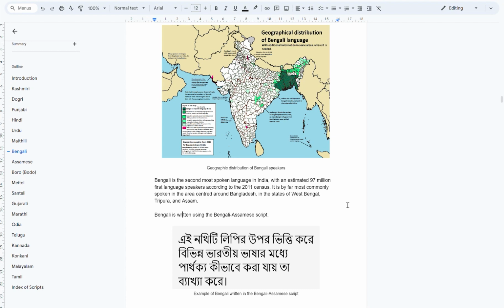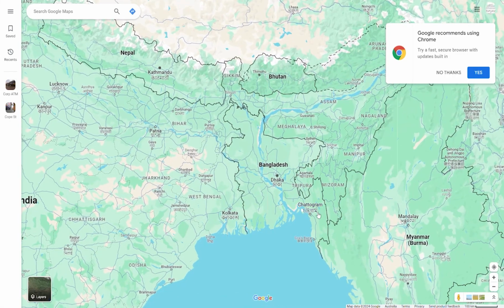Next, however, we move on to an extremely useful language for GeoGuessr purposes, Bengali. So Bengali is the second most spoken language in India. Almost 100 million people speak it. It's by far the most commonly spoken language in the area centered around Bangladesh, in West Bengal, Tripura, and Assam.